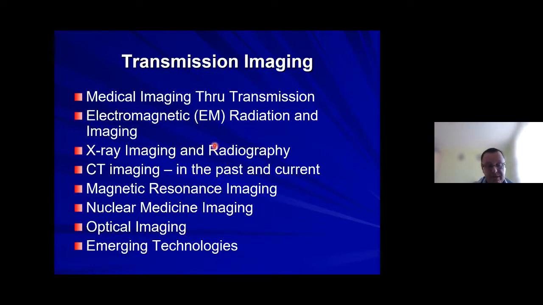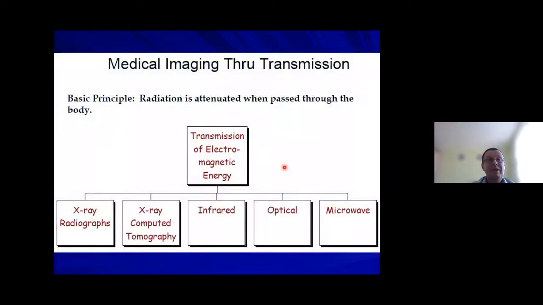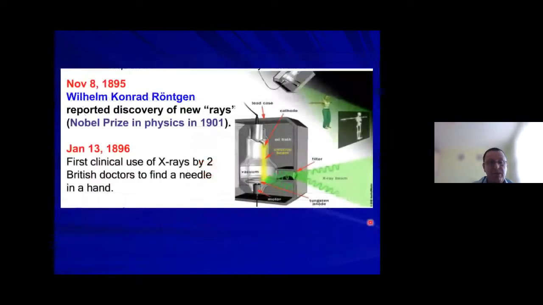And here is a given list. The major basic principle of medical imaging by transmission is radiation estimated when passed through a human body. And here are general methods for retrieving an image. Basic ones include X-ray imaging, infrared, optical, microwave, and similar.